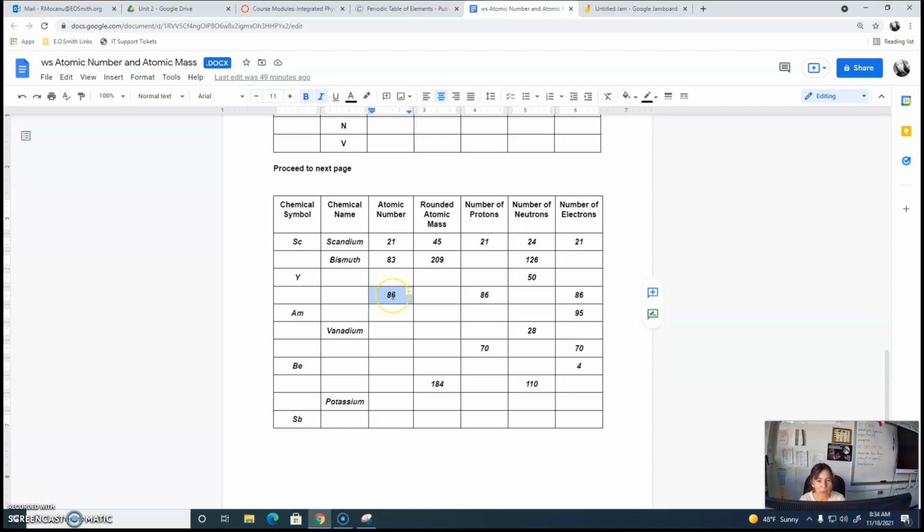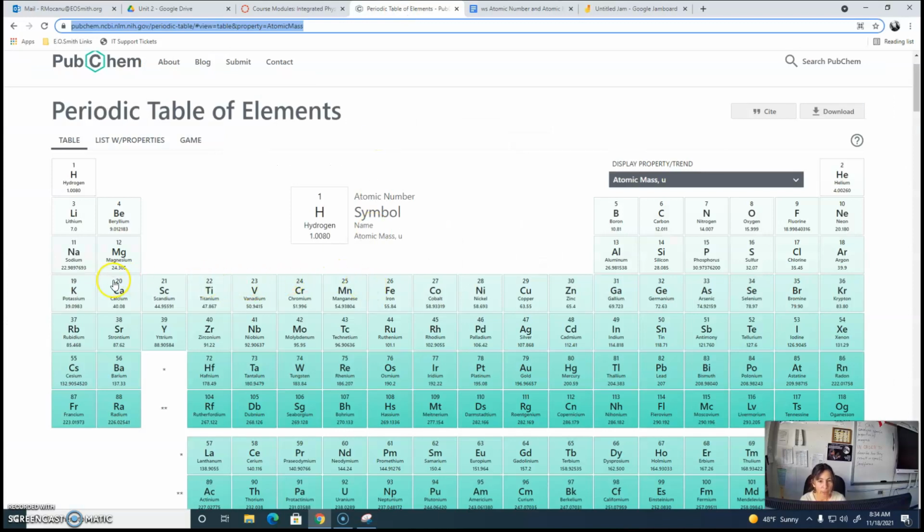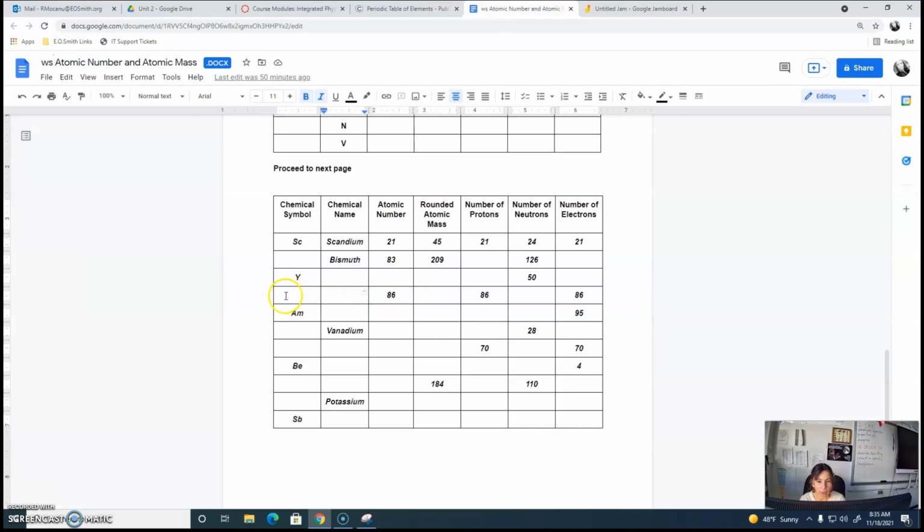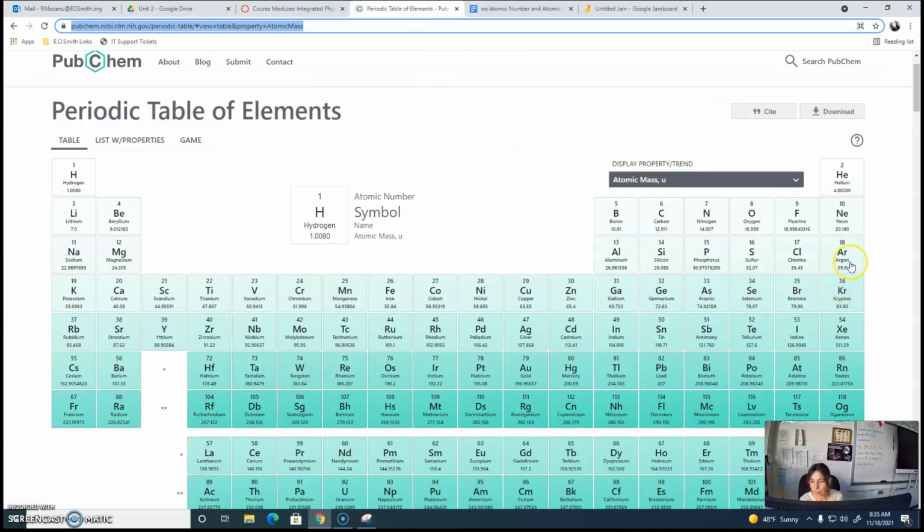So let me look for atomic number 86 on my periodic table. If you notice, the atomic numbers at the top go in order. So 86 is right here. Rn is the chemical symbol, and radon is the name of that element. So I'm going to put chemical symbol Rn, with a lowercase n, and chemical name radon. And from there, I can find my atomic mass.